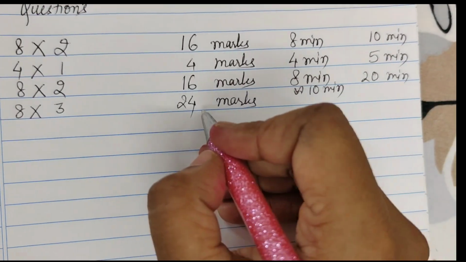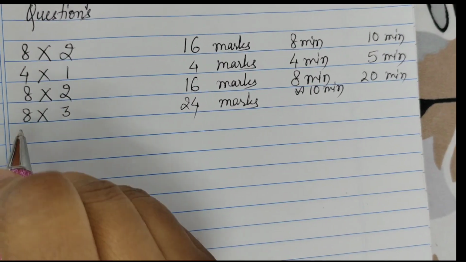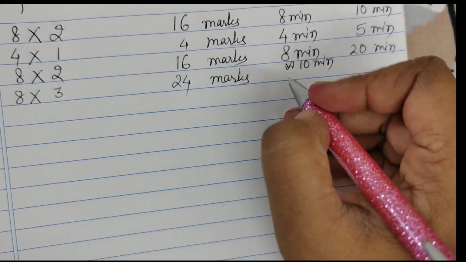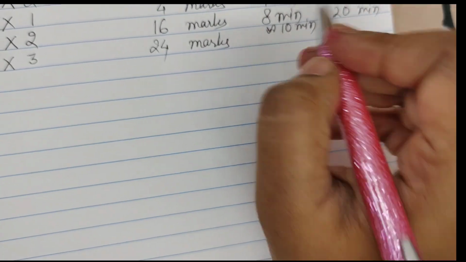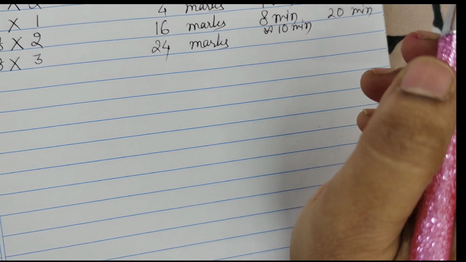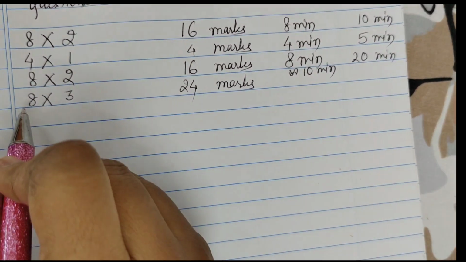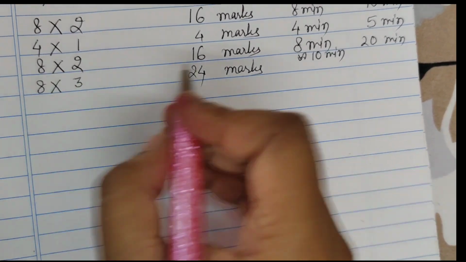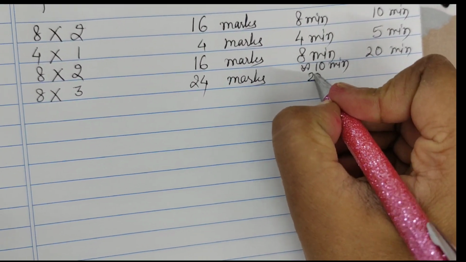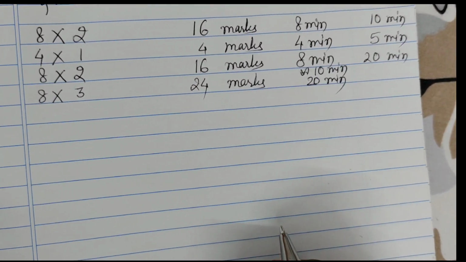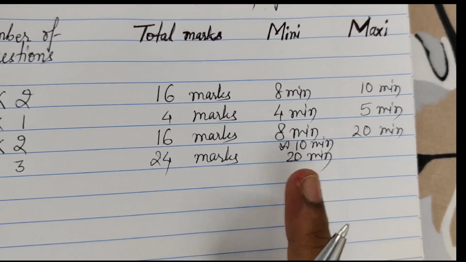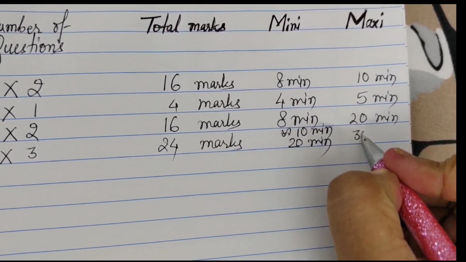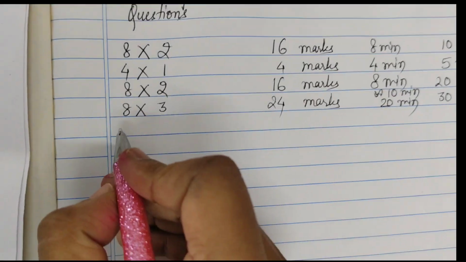If you take 3 minutes to solve each, then 8 3s are 24, but I think let's assign 2 minutes. So within 2 minutes you have to solve each of these questions, and 16 minutes approx. I am taking the minimum timing and rounding it up to 20 minutes, and at maximum it will take 30 minutes.